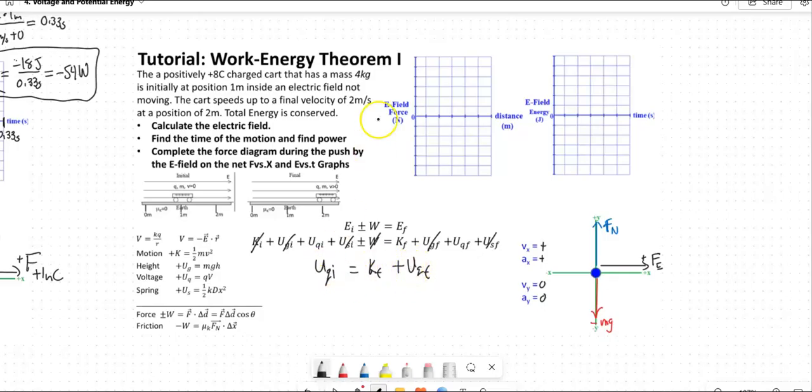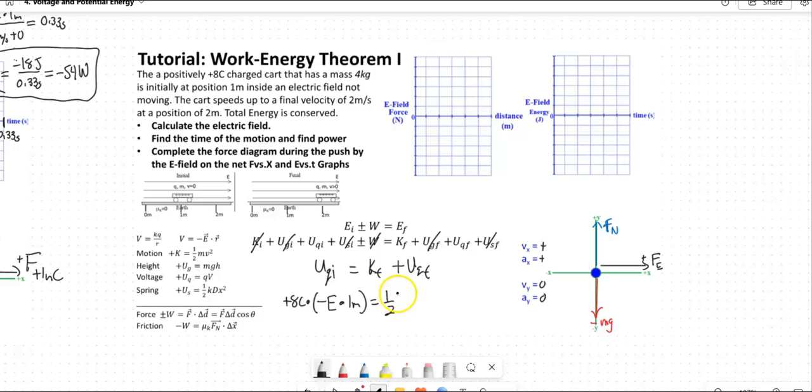And we're going to have to plot these initial and final energies of the electric field right up here. So let's go ahead and figure those out. The problem is we need to figure out what the electric field is first. So we have a positive 8 coulomb charge, and it's being acted upon by an electric field that we don't know the value of, but its position is 1 meter at that point. We do know it is moving, so I'm going right to the numbers.